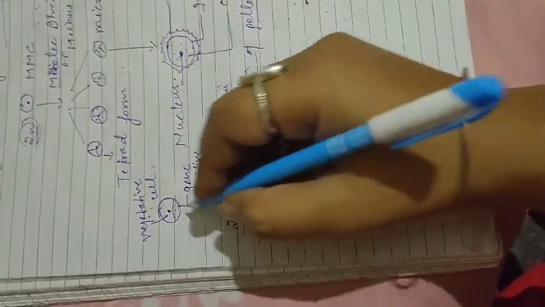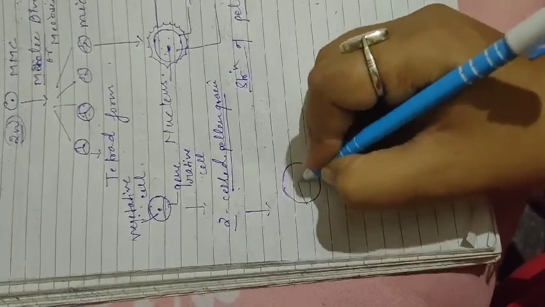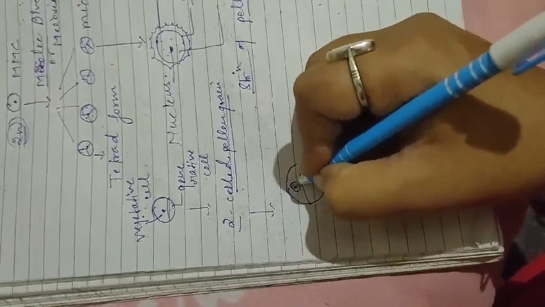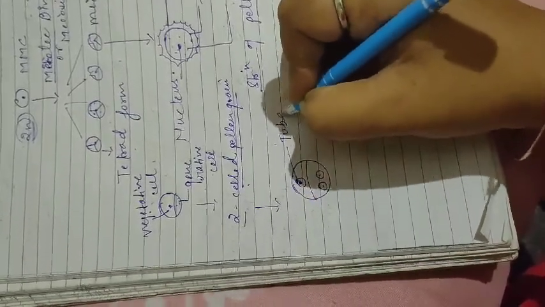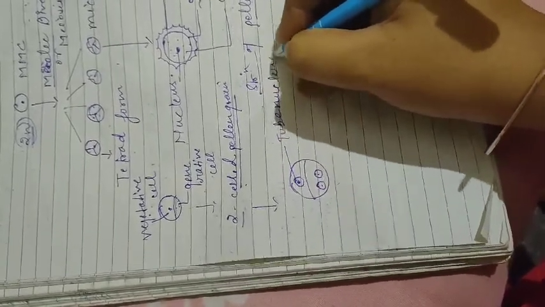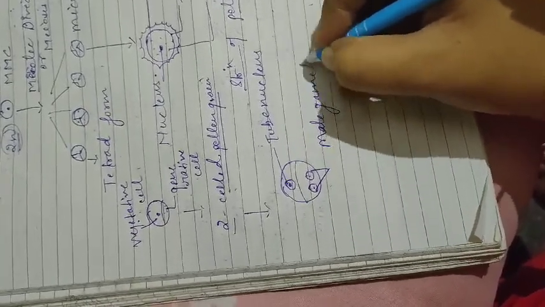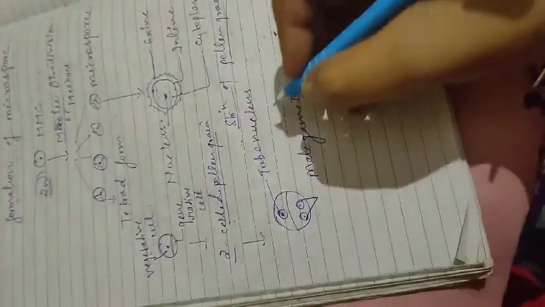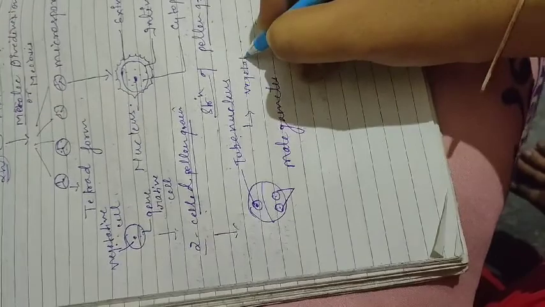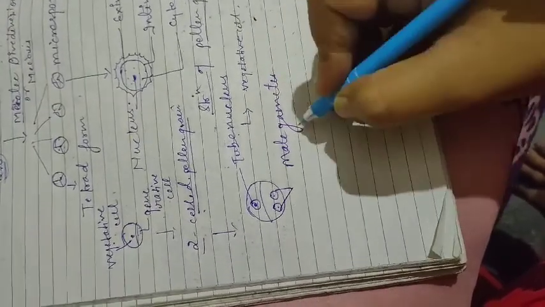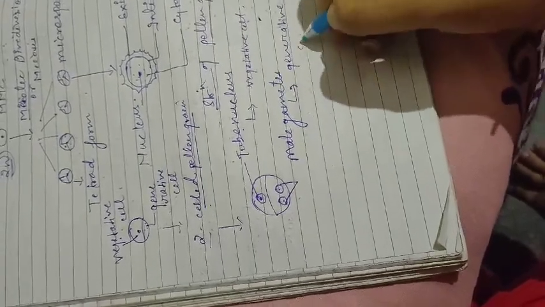Now further this structure develops to form one tube nucleus and two male gametes. Remember, all of you, this tube nucleus arises from the vegetative cell and the male gametes arise from the generative cell.